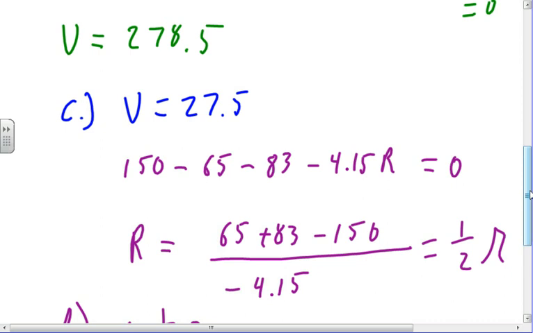Is that divided by negative 4.15? Yeah, but it's a negative guy on top. When you do the math on top, you get a negative number. So, now, could you have negative resistance there? Yeah. Did I do it wrong? V equals 278.5, and then you throw it down, V equals 27.5. Are you trying to tell me there's something wrong? I'm asking you to do something wrong.